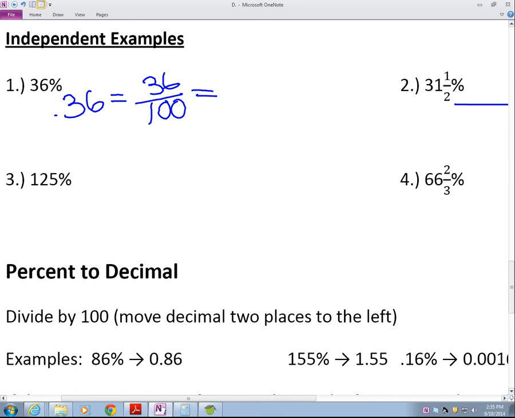We have 4, so 36 divided by 4 is 9, and then 25ths. Can we simplify that anymore? I don't think so. This is easier than what we just did.